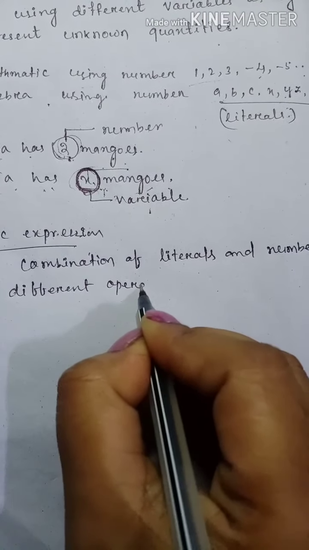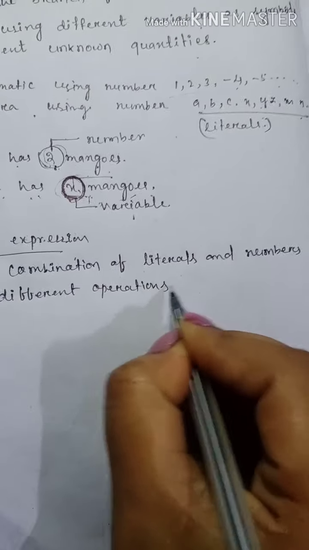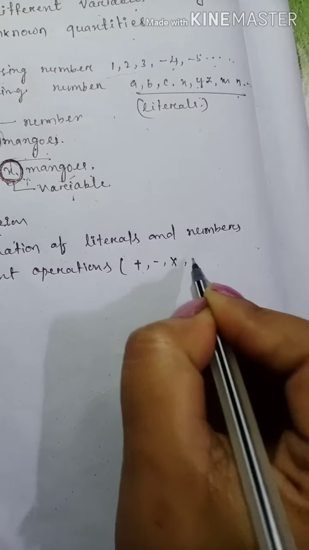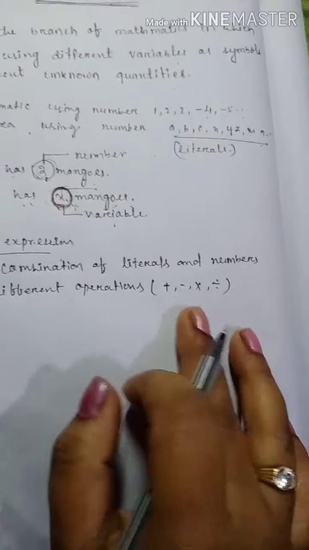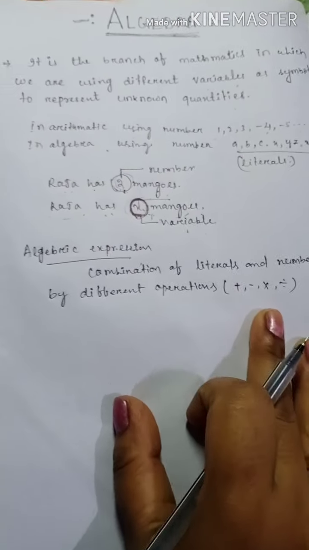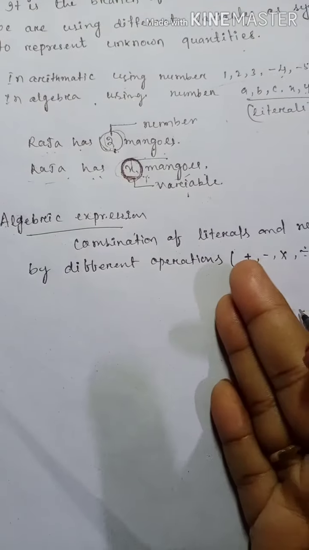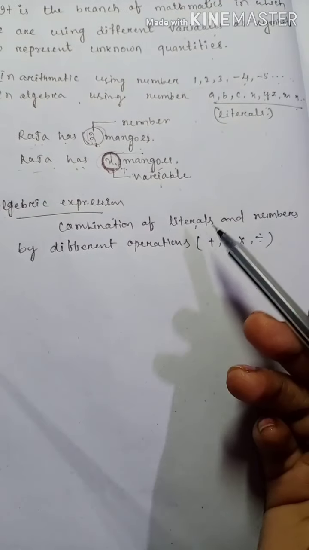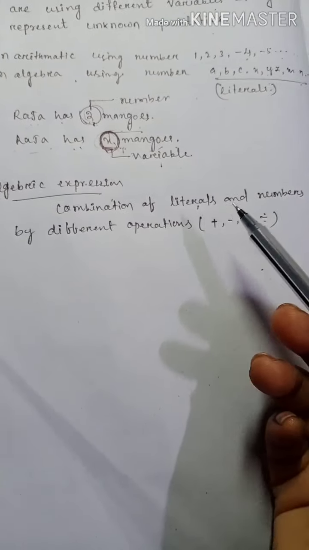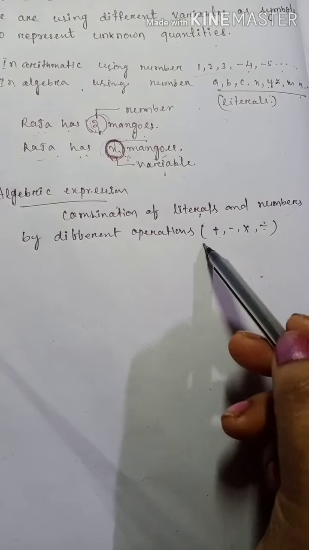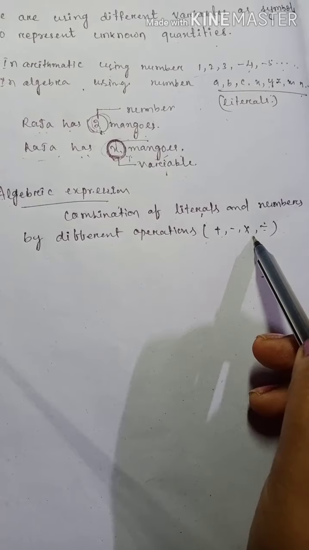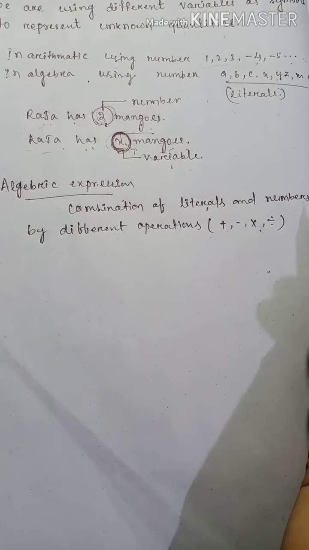You know the operations? Operations means plus, minus, multiplication and division. If there is an expression in which there are one or more literals combined with any number by different signs of our arithmetic, then that is known as an algebraic expression.